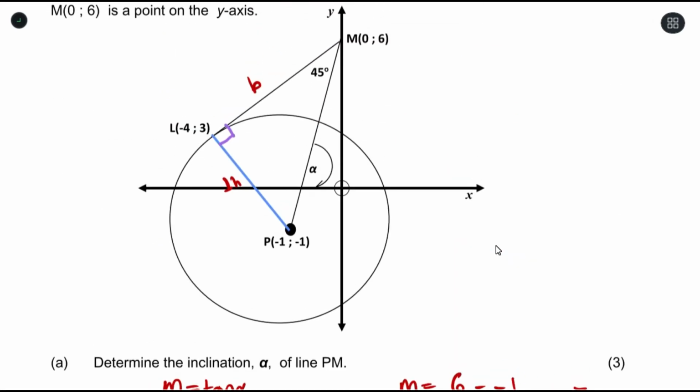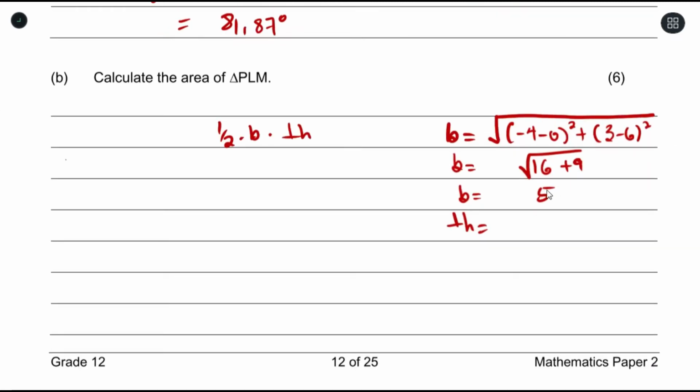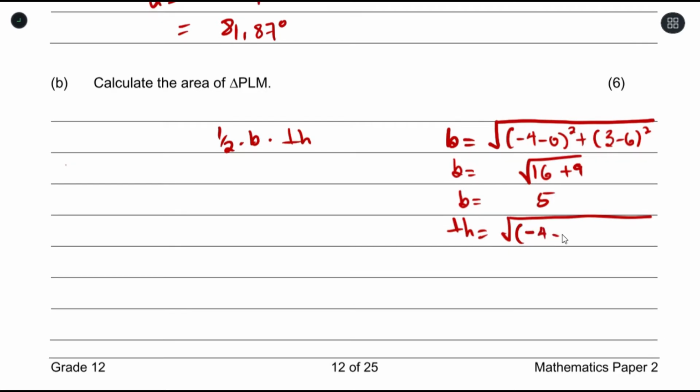Also the distance formula. So the perpendicular height is also 5. So writing this as our answer.